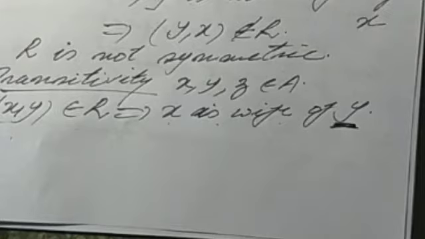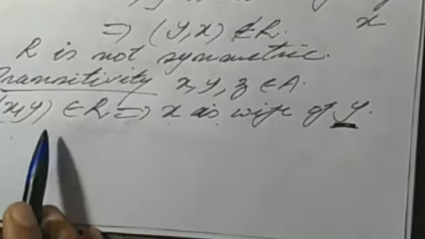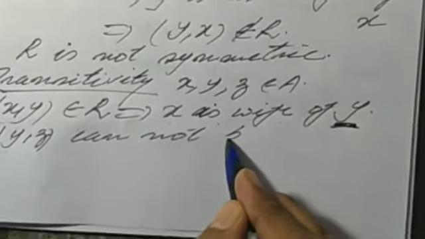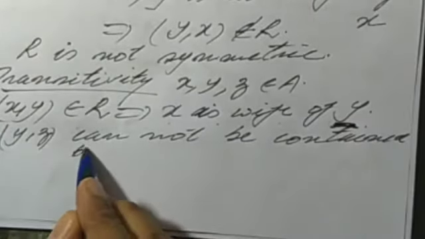So (y, z) will be y is a wife of z, while y is a male. So a male cannot be a wife of a male. So that means it is not possible that the relation can have (y, z) if it has (x, y). So here (y, z) cannot be contained by R. That is, the situation in which we can check the transitivity is not possible in this relation.